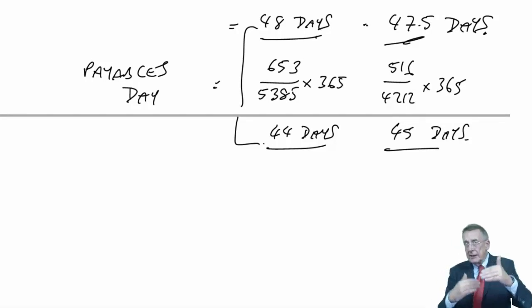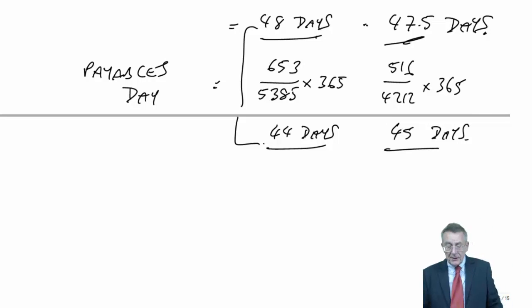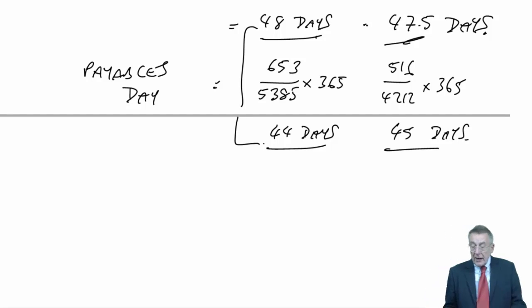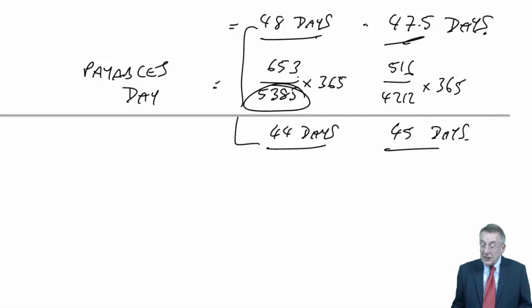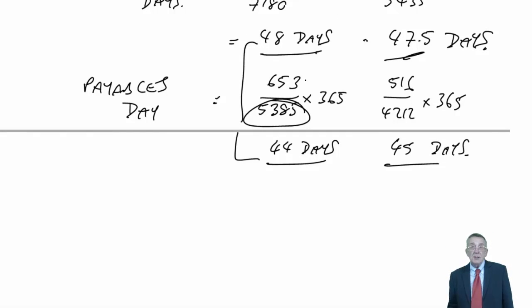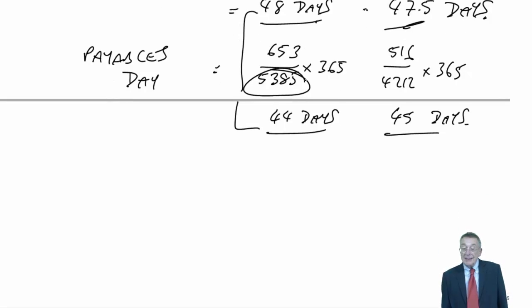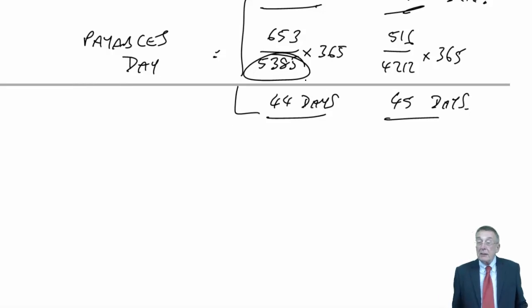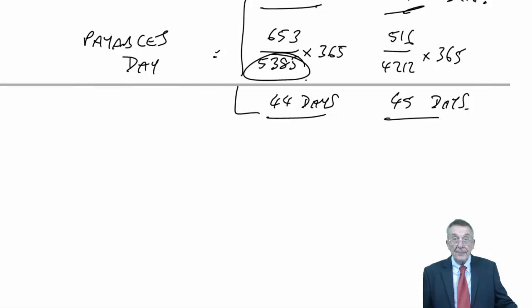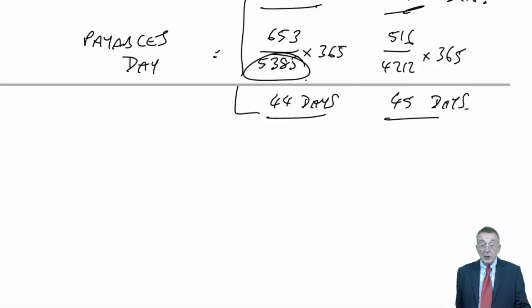You'd want to try and equalise those. I have said already, but I'll say again, ideally, we'd have used purchases there and not cost of sales. So this could be very distorted. But here we've no choice. You know, in the exam, see what information you are given.